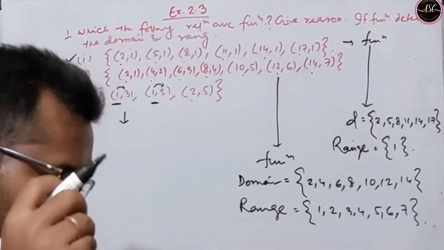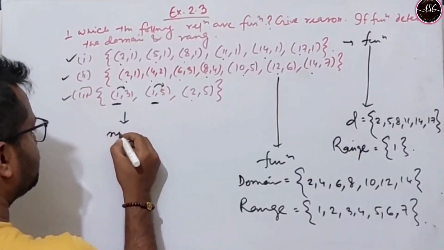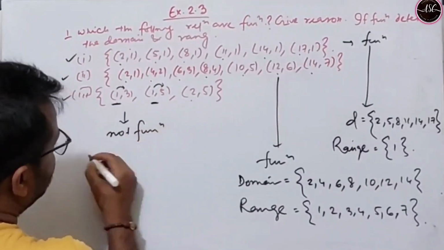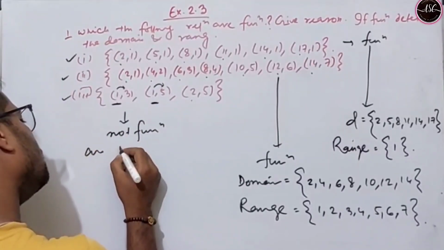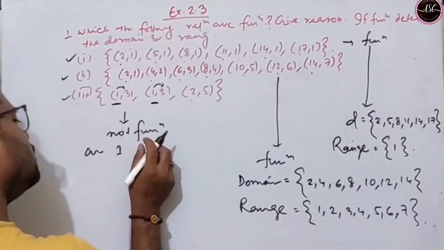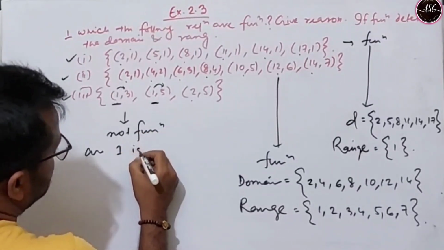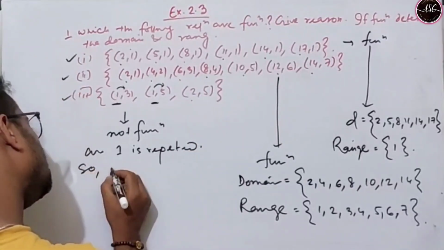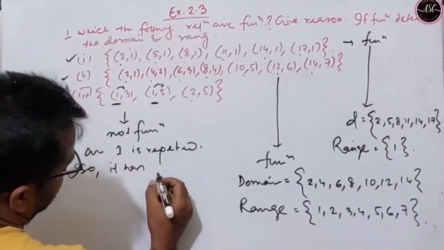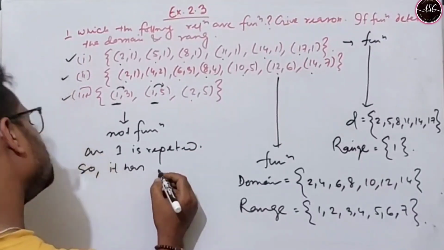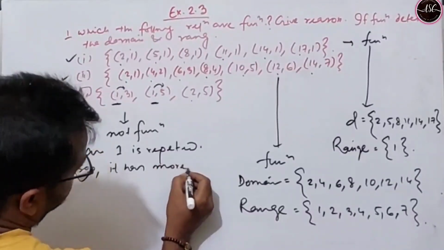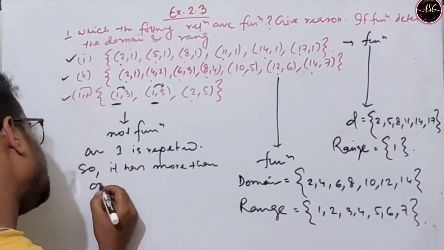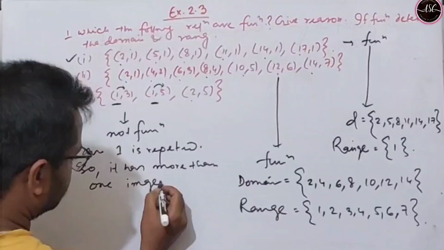So this is not a function, as the first element 1 is repeated, so it has more than one image.